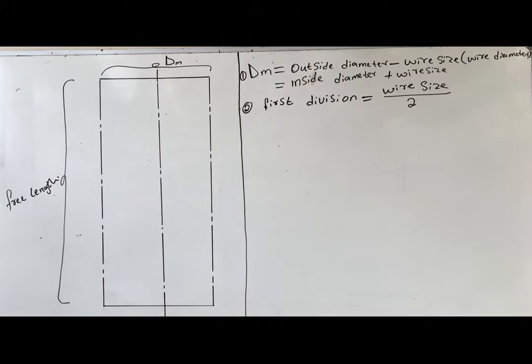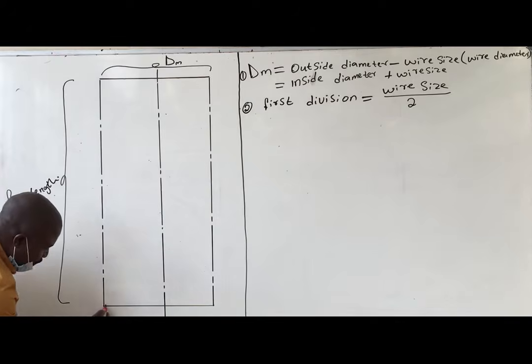The first division, only the first division. You take a wire size and divide it by 2. So in this question, what's your wire size? It's 10. So meaning you're going to take 10, you divide it by 2. Then you'll get your first division.